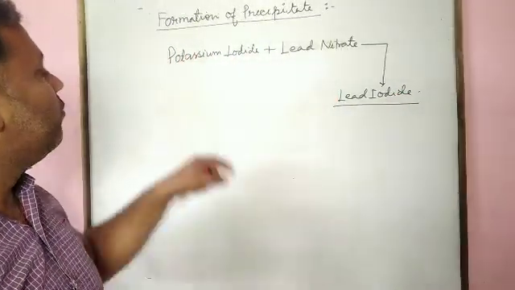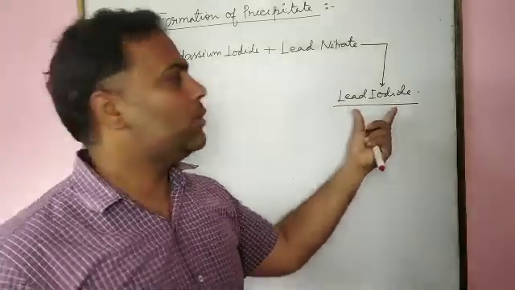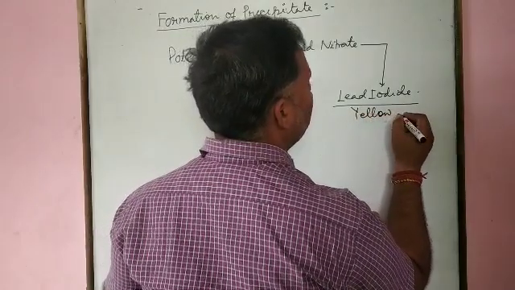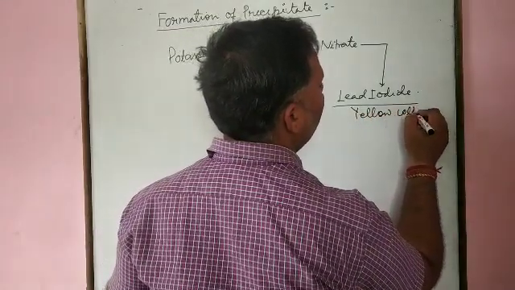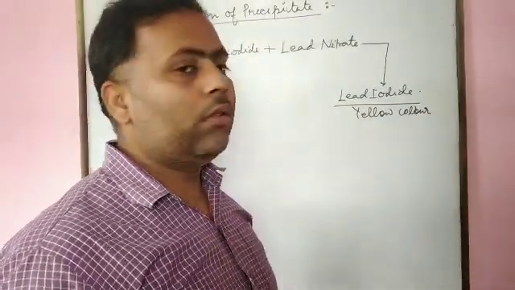What happens when we mix potassium iodide with lead nitrate? Then it forms a yellow colored precipitate which is insoluble in the solution.